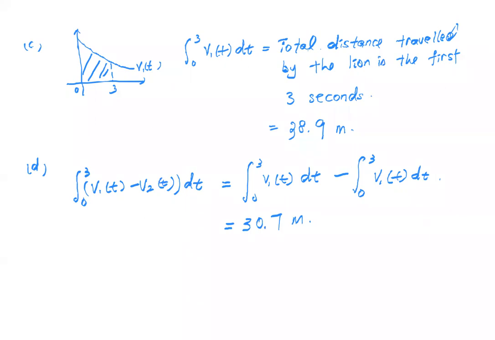Good. So now look, just now this is the straight line. This is the position of the lion. And this is the position of the zebra. And just now this is 38.9. That means this one should be 8.2.